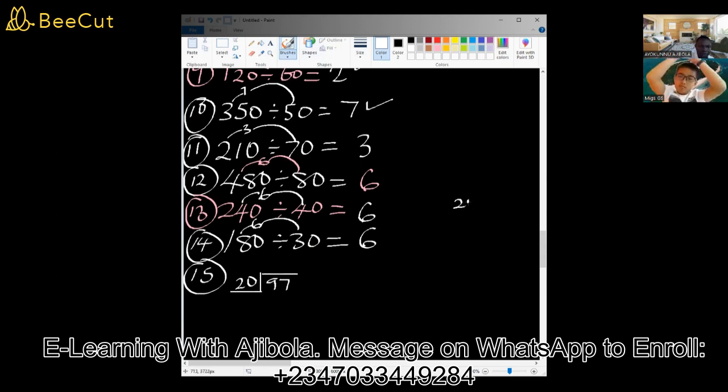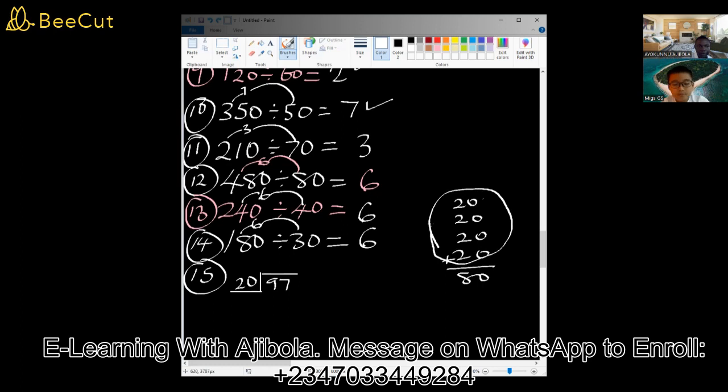Let's keep counting. 20, another 20, another 20, another 20. This is 80, okay? So how many 20s are these? Miggy, how many 20s are these? 4. So how many 20 is in 97? That's 4.